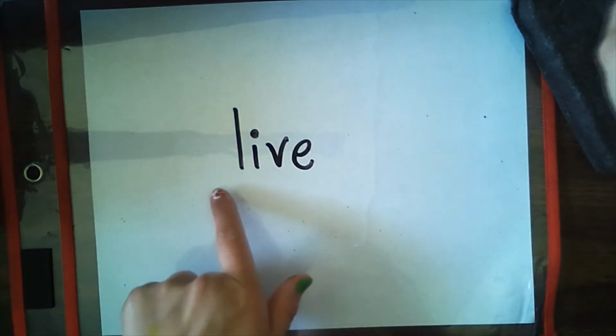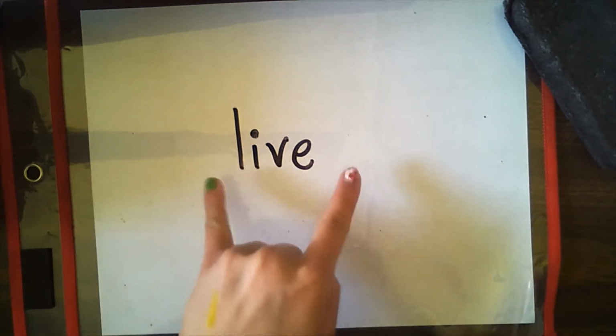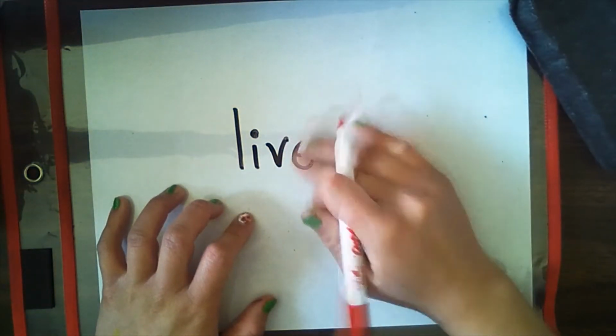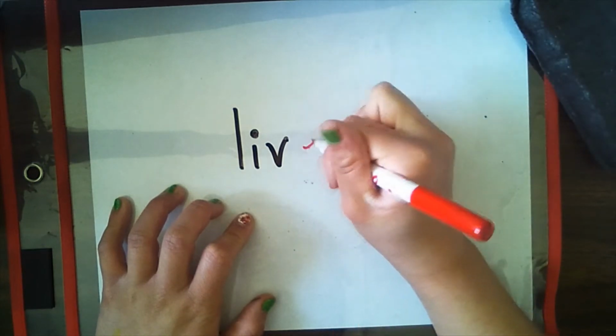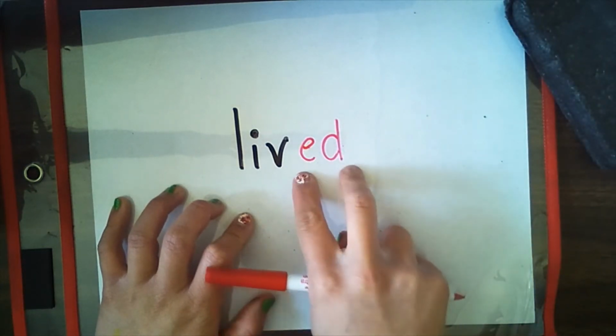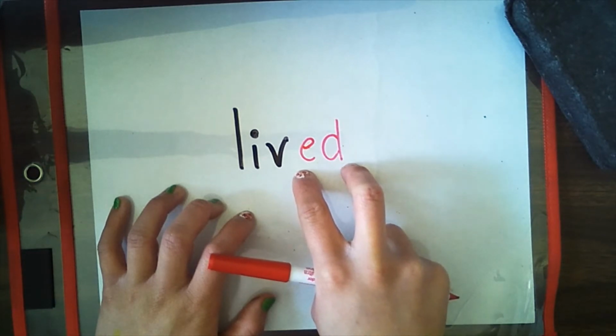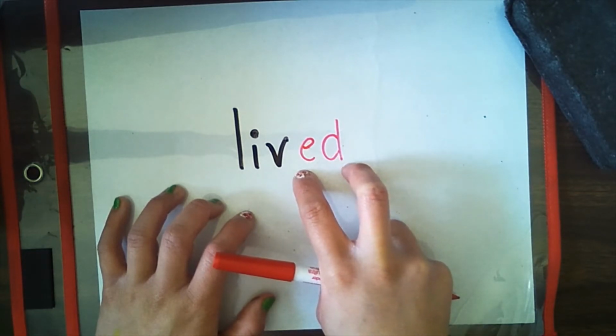Read, live. I know there are two ways of saying this, but we're going to have our base word be live. Ready? Read, it's going to be the D sound. Remember, the spelling ED has 3 different sounds, okay? It's going to be the D sound.